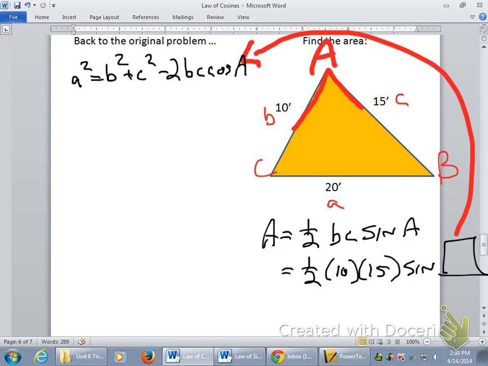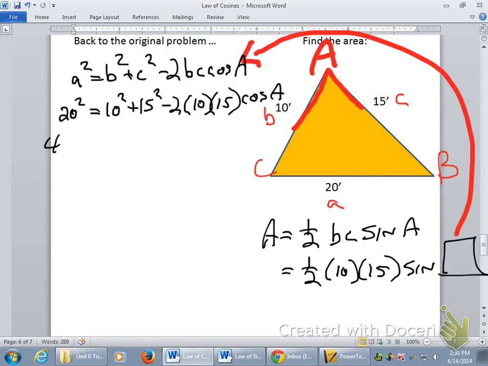So I write down my formula, and then I plug in what I know. Once you plug in what you know, you're just going to start working through your order of operations slowly. That's 400 equals 100 plus 225, and this is all going to be minus 300, right?